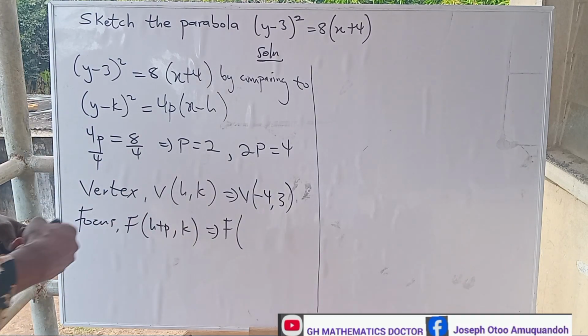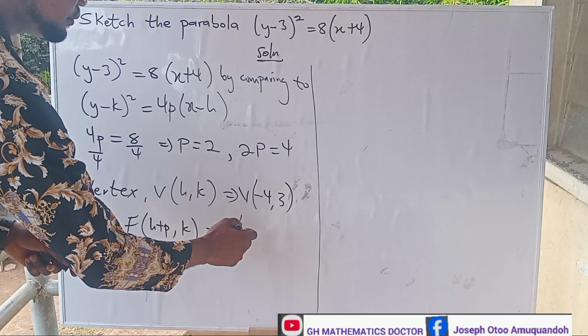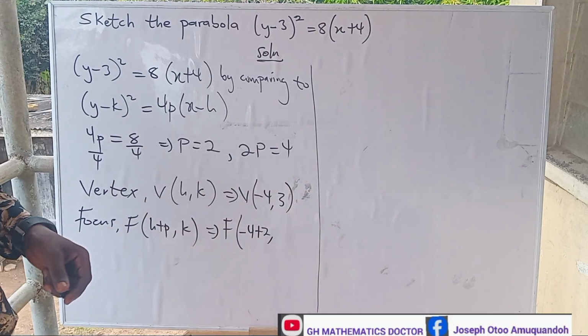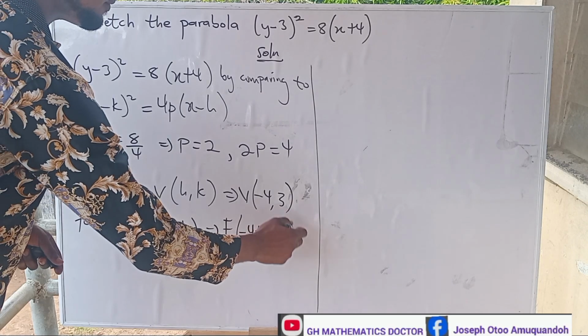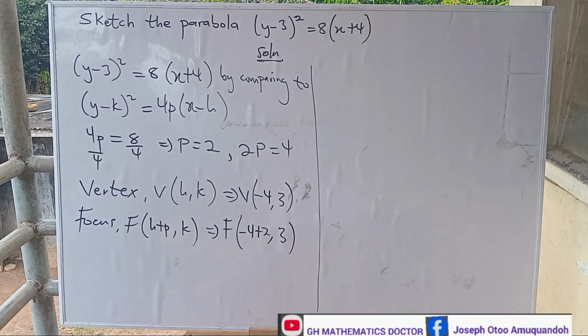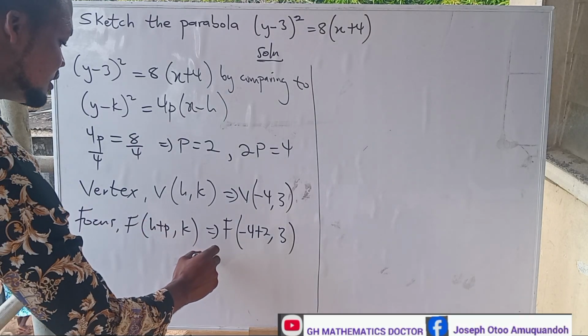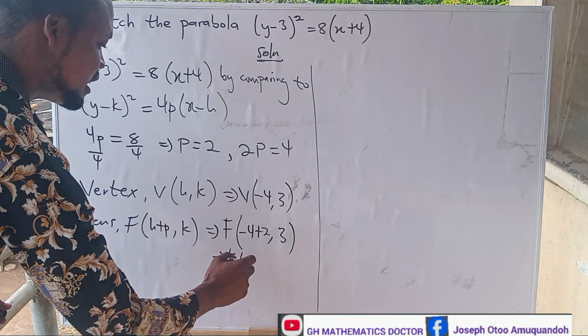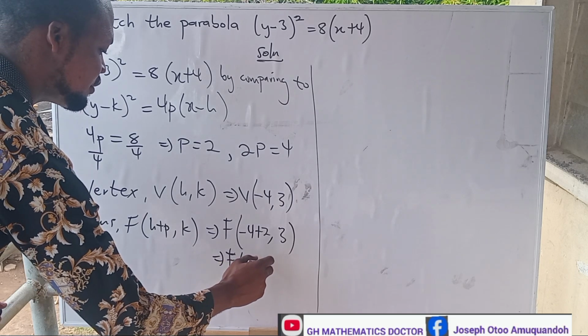We are going to have (-4 plus 2, 3). Then our focus will become (-2, 3).